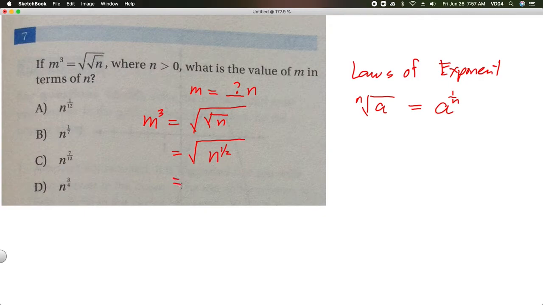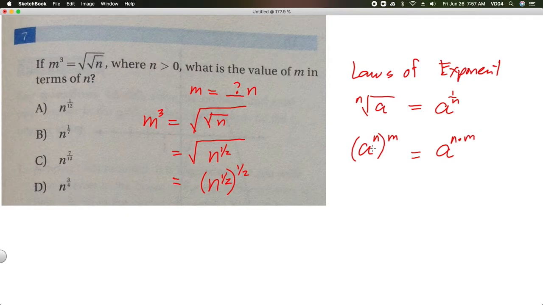And so that is equal to n raised to 1 half, and all of this raised to 1 half as well. And there is another law of exponents wherein when we take a raised to n, and raise it to m, we equate that to a raised to n times m.